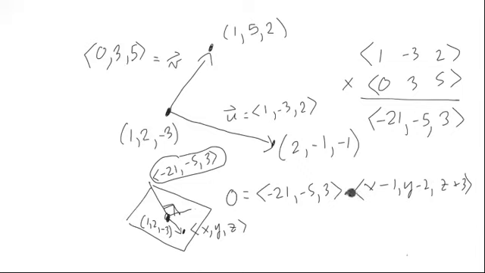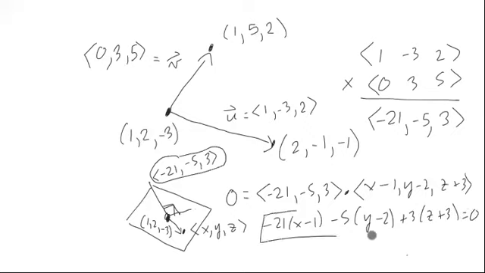We can work out the dot product, which will simply be a number. Remember, dot product is not a vector, but a number. So we can multiply components here, negative 21 times x minus 1, that is, minus 5 times y minus 2 plus 3 times z plus 3 equals 0.